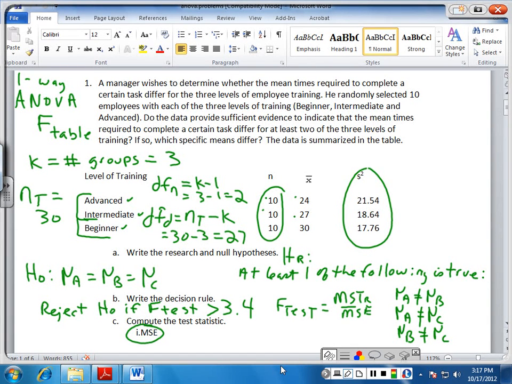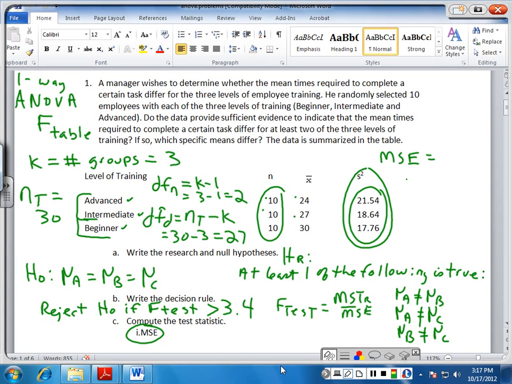How far apart are the means? We've got sample means of 24, 27, and 30. What we're going to get is some measure or index of how far apart those means are, at least on average, how far apart they differ from one another. And the mean square error is going to be based on variance, which just tells you how variable the data are, how much sampling error. That's what standard deviation and variance measure, the amount of sampling error that you have in a particular set of data.